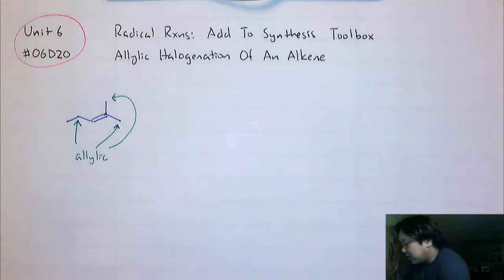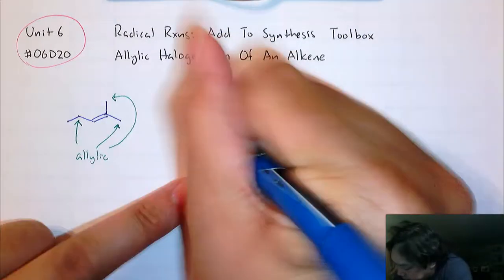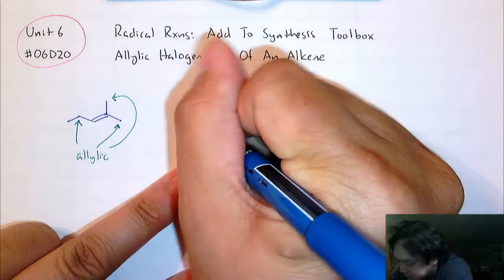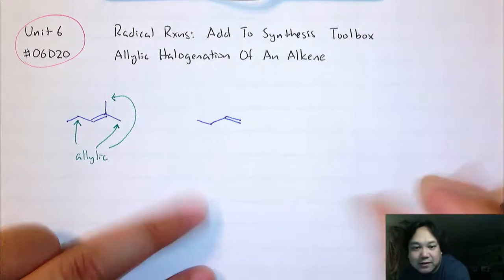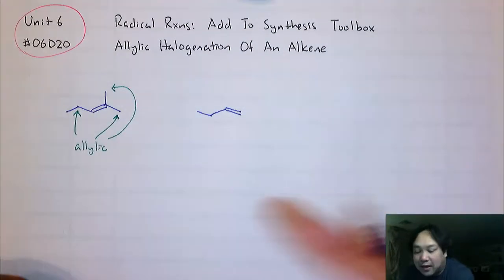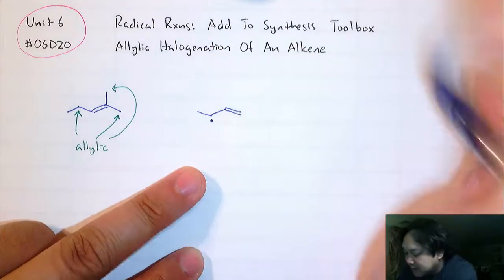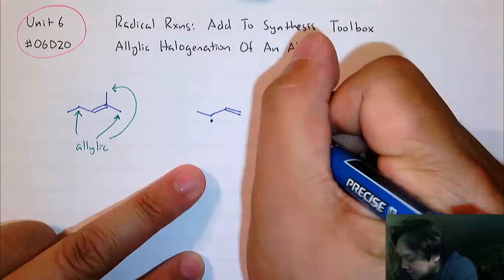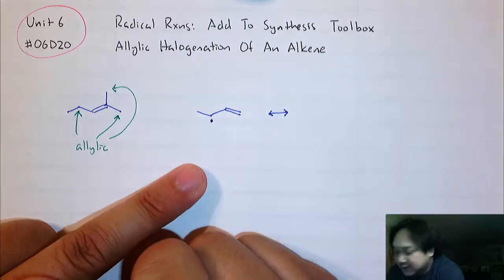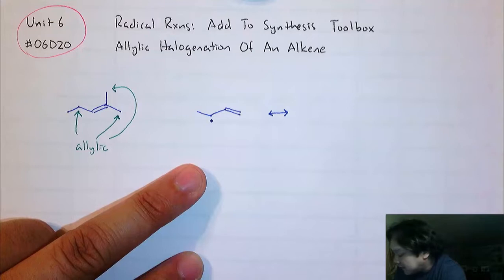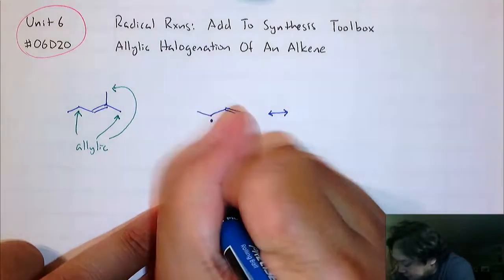Now, if we think about an allylic radical, and we'll do something a little more simple. Let's take a look at that alkene, and let's convert it into a radical. We'll show this in a mechanism later. This allylic radical has resonance, and actually before we do this resonance, why don't you test yourself?